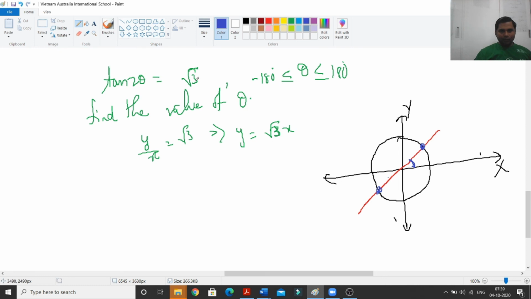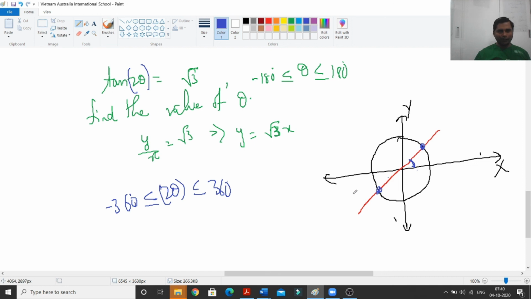Now again, as tan 2 theta is root 3, it's given in 2 theta form, but the domain here is given in minus 180 to 180. So we'll multiply by 2 and we'll write the domain of 2 theta as between minus 360 to 360. Okay, so as we are solving for 2 theta, we'll see this domain that it's lying between minus 360 to 360. Now, this means that we have to go one full round anti-clockwise and the other full circle clockwise.